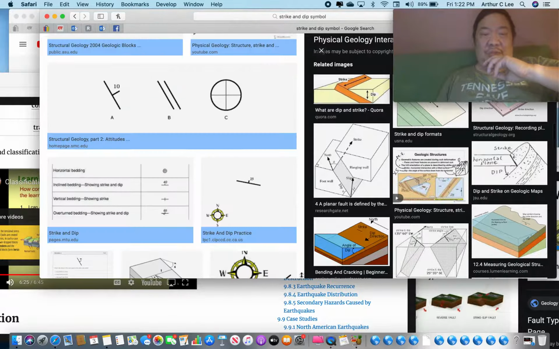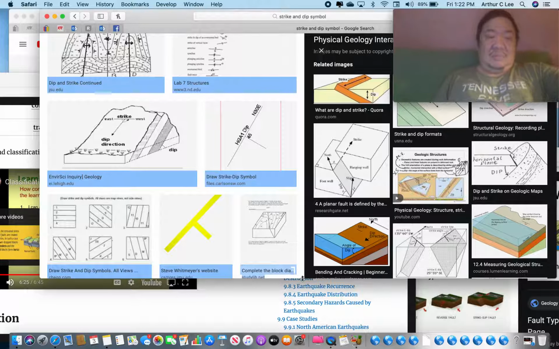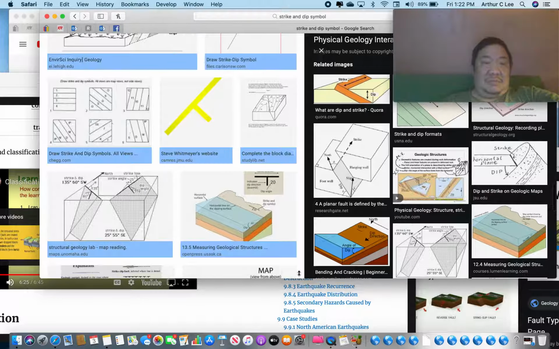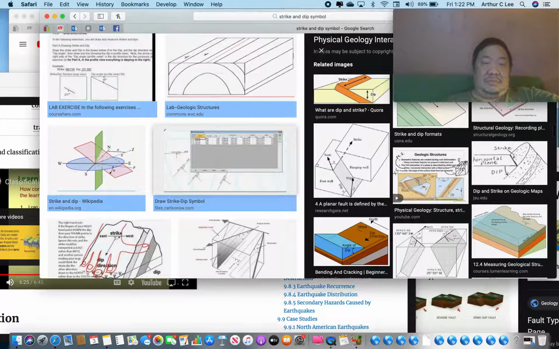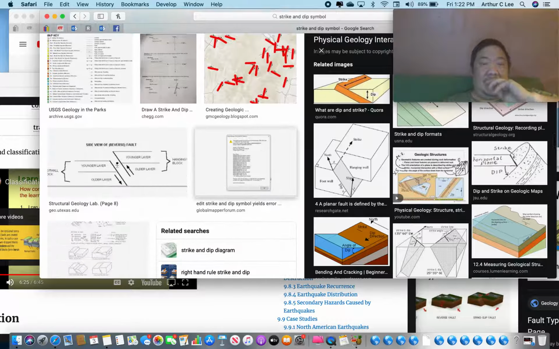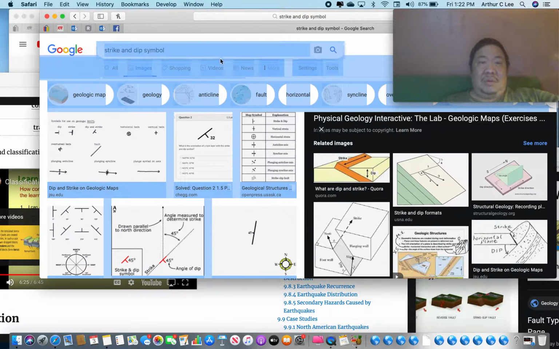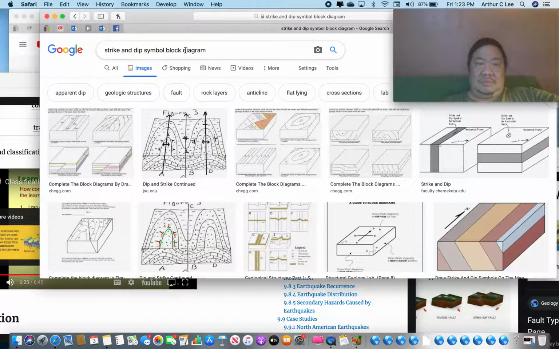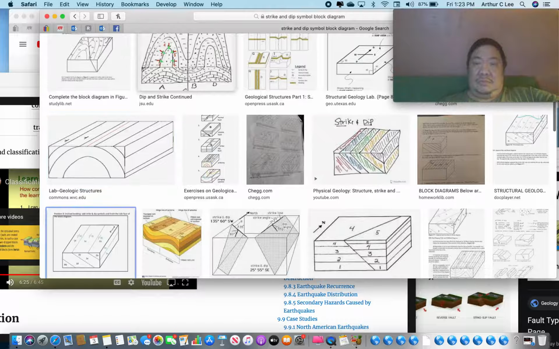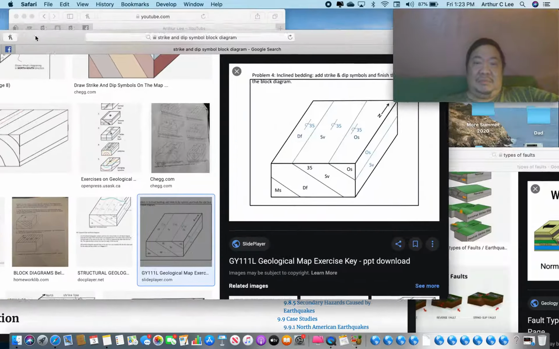I'm going to do a few more of these because it takes time before you can get used to this. Here's a block diagram.